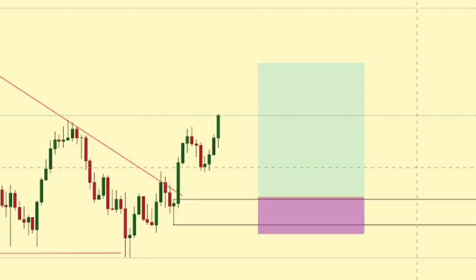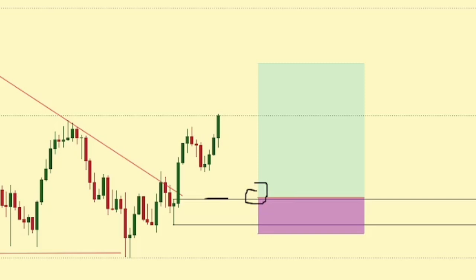So step 4, how to enter trades. Once you don draw your supply or demand zone correctly, entry becomes easy. Most professional traders dey look for entry around this proximal line. Why?